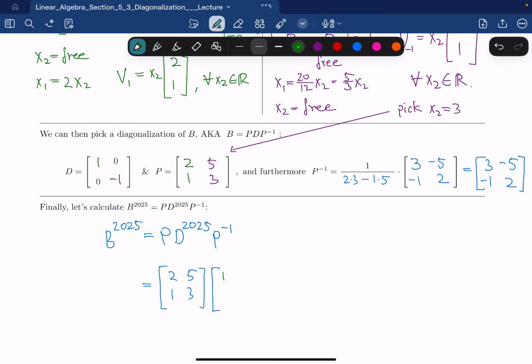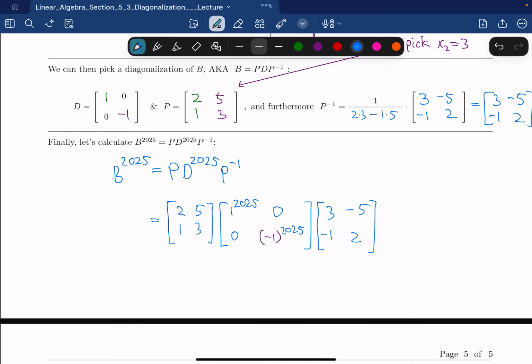It's just 1 raised to the 2025 power, 0, 0, -1 raised to the 2025 power, times P inverse, which is 3, -1, -5, and 2.